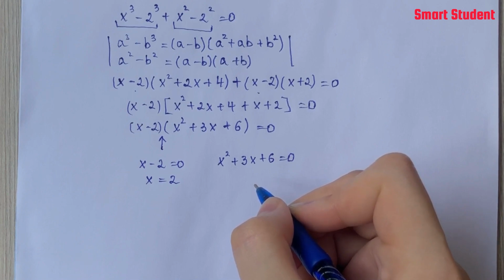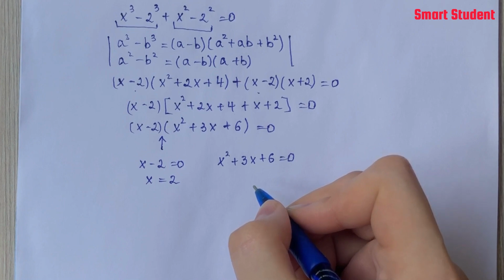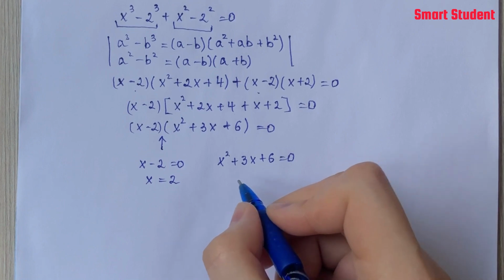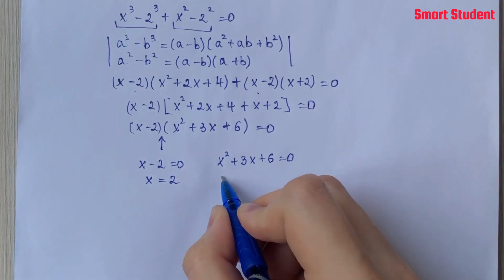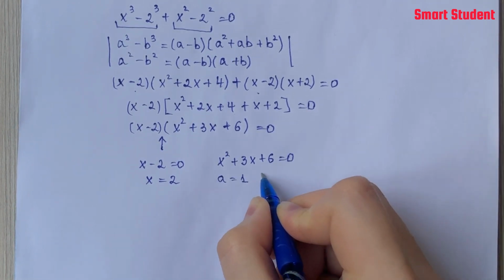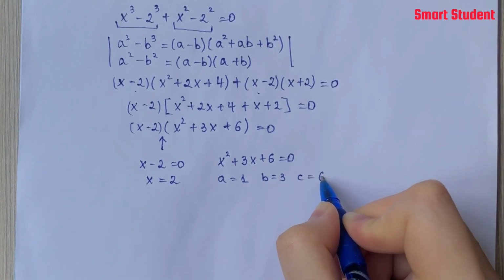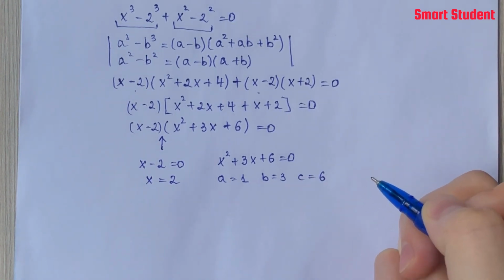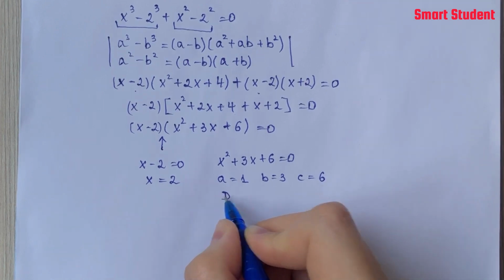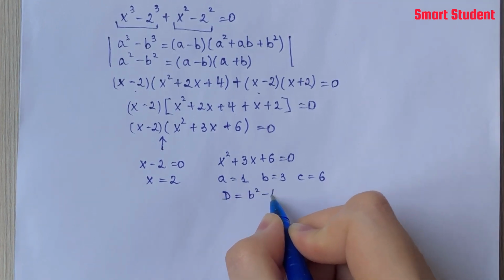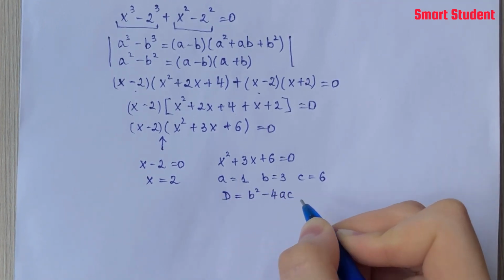So now, solving this quadratic equation, the first step is to separate the coefficients. So the coefficient a is 1, the coefficient b is 3, and the coefficient c is equal to 6. I'm going to find the discriminant, which is given by this expression, b squared minus 4 times a times c.